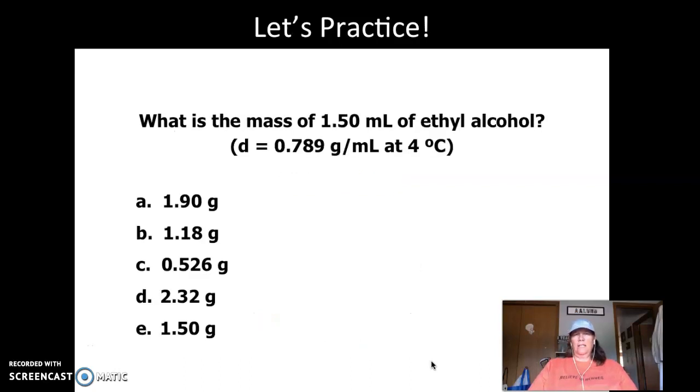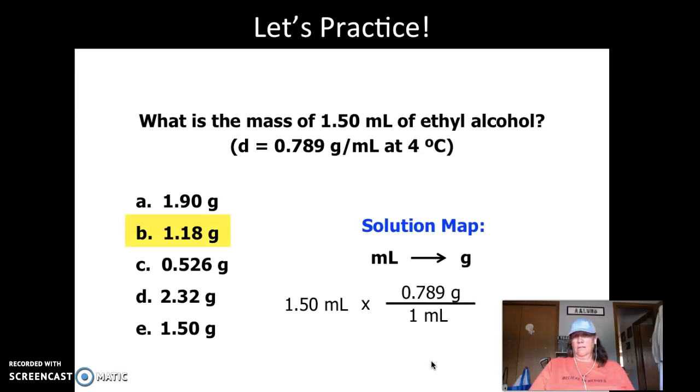Okay, let's see. What is the mass of 1.5 milliliters of ethyl alcohol? And it gives me the density. So again, I'm going to multiply those two numbers together because I have the volume, I have the density. If I multiply those, they give me the mass. I take 1.5 and multiply by the density.